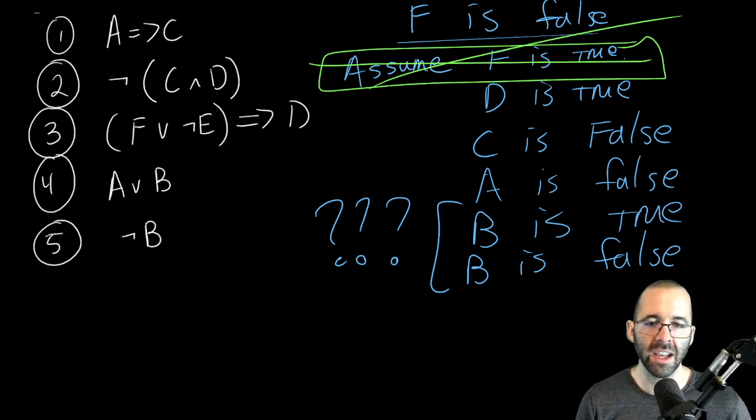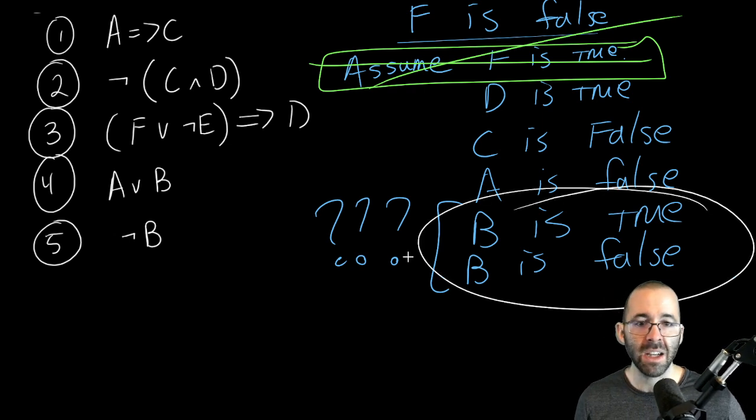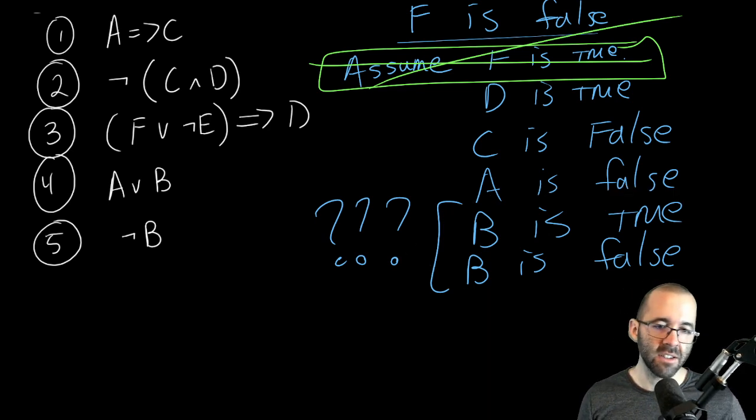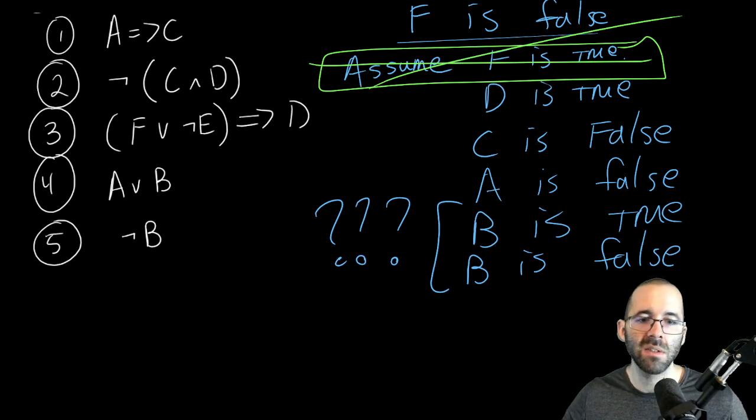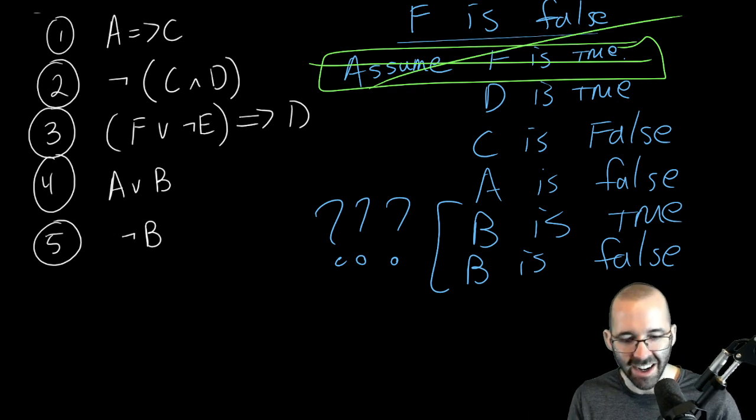That's what indirect proofs look like. Why is it called proof by contradiction? Well, because we arrive at a contradiction. B can't both be true and false. All right. And this is usually how these are going to look. They're also called indirect proofs, right? Because we're kind of working backwards a little bit. We're not even trying to prove that F is false necessarily, right?